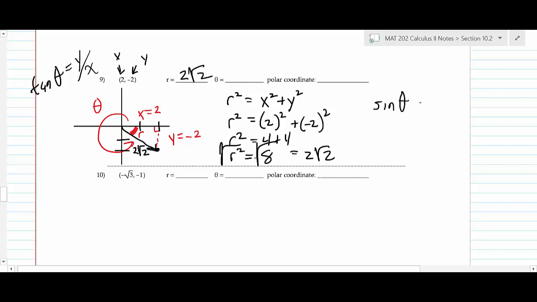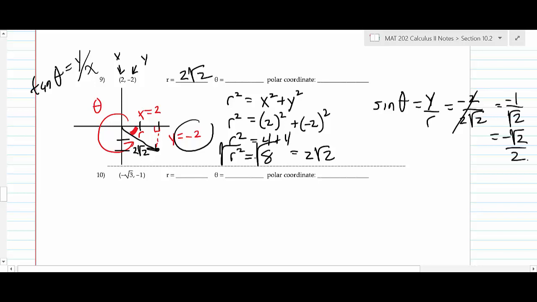To me, it's just easier to look up a sine on a unit circle than it is a tangent. So we know a sine is y over r. So y in this problem is negative 2. The r value is 2 root 2. That crosses out, that gives negative 1 over root 2. But that is the point on the unit circle that you're familiar with anyway.